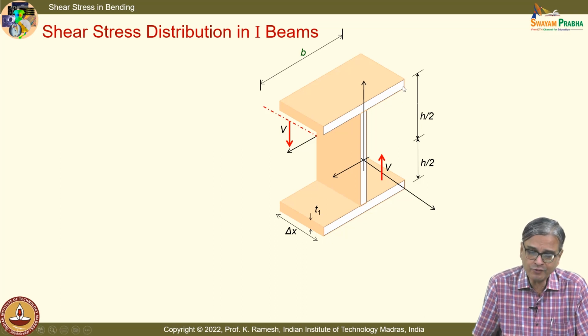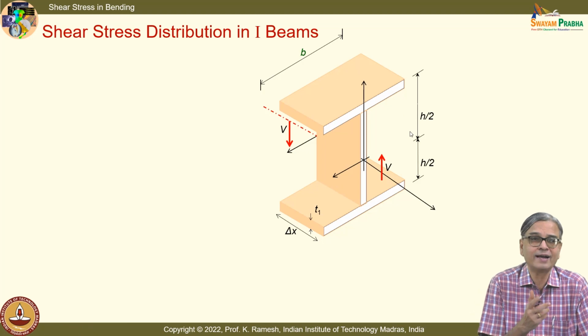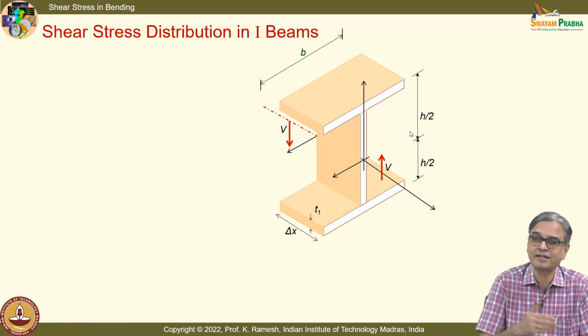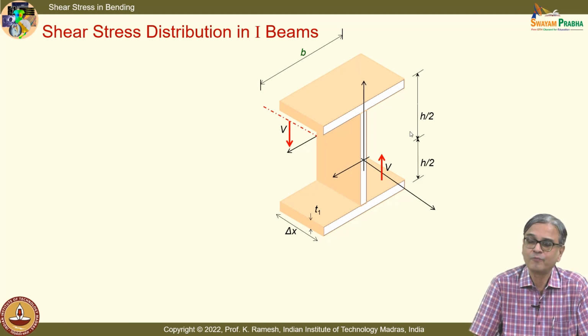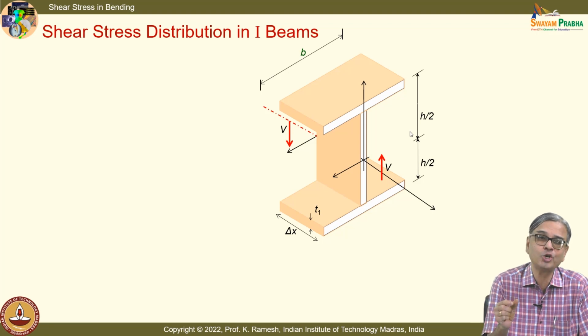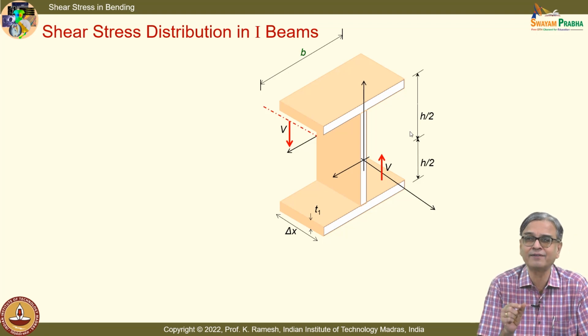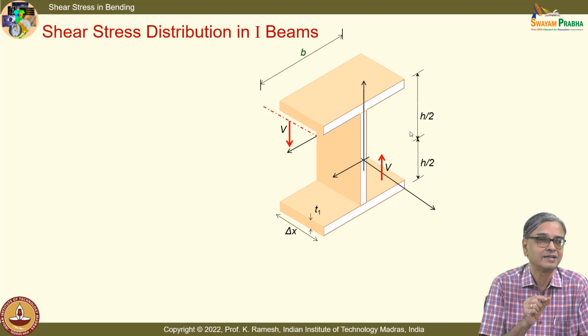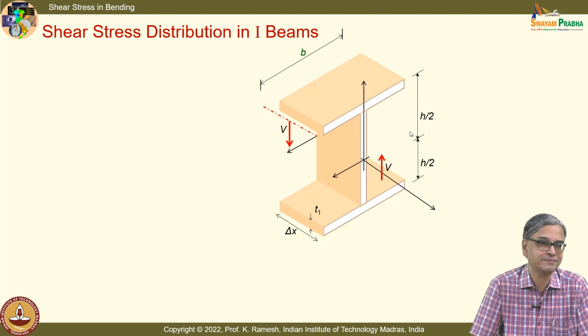We will also have to find out what happens on the flange. Suppose I take a vertical cut, what do you anticipate when I make a vertical cut? Will that vertical cut remain in equilibrium, or will it have an equilibrium and some stresses have to be developed?